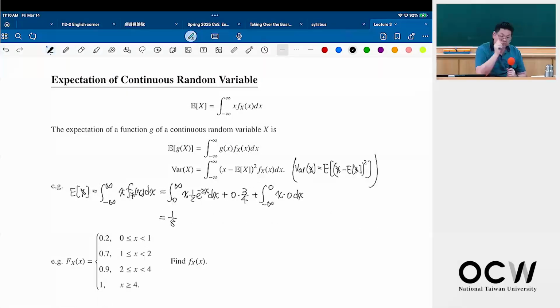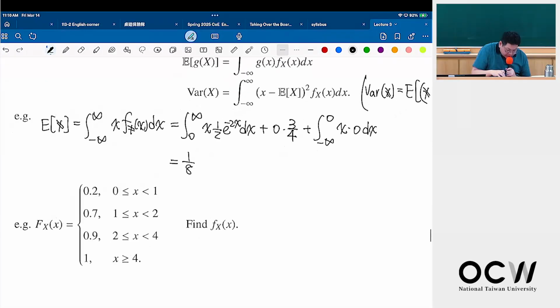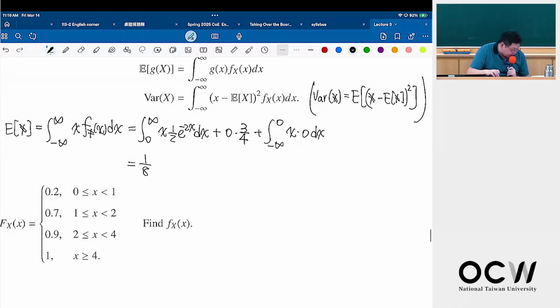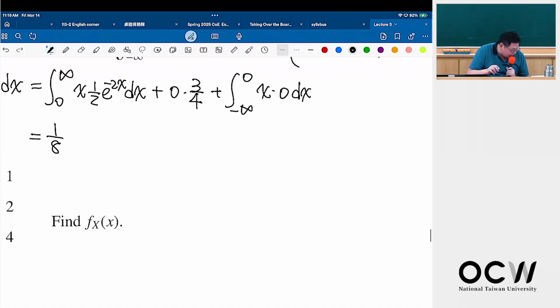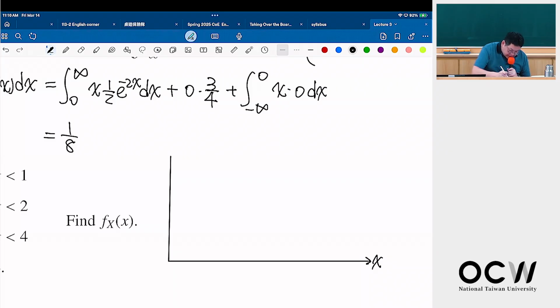The next example, I have a CDF, and now I want a PDF. For the CDF, we can also plot it first. So my x will be from 0 to 1, 1 to 2, 2 to 4, and greater than 4. So I should have 0, 1, 2, 3, 4. Here's the x. Here is the F of x.